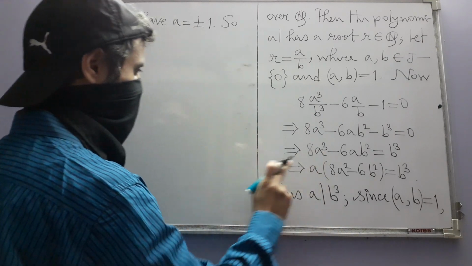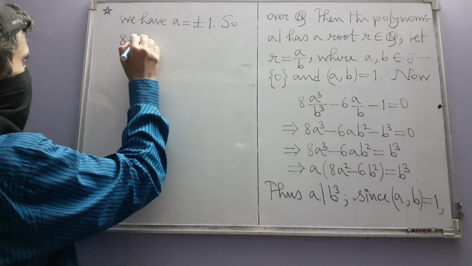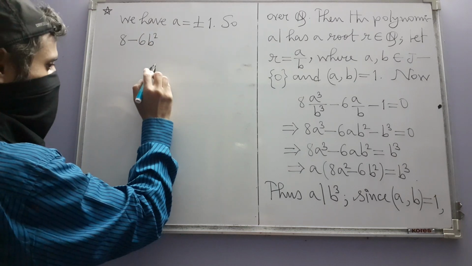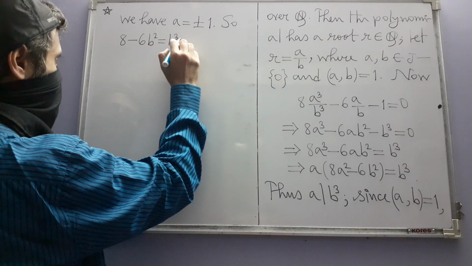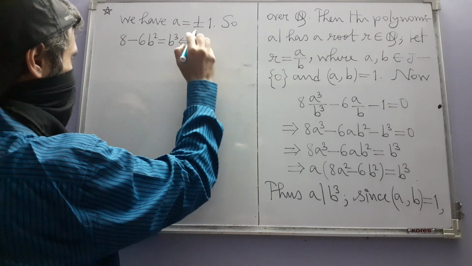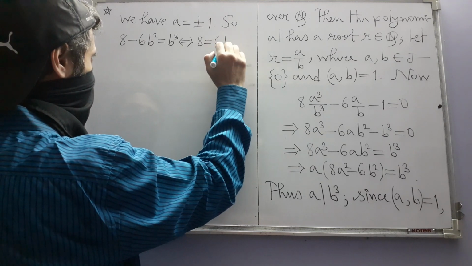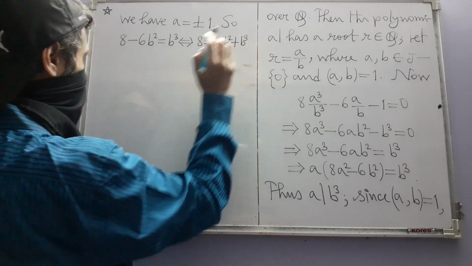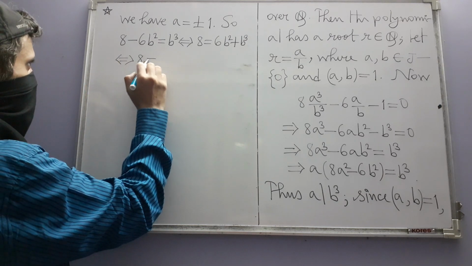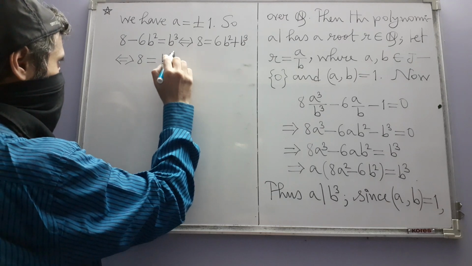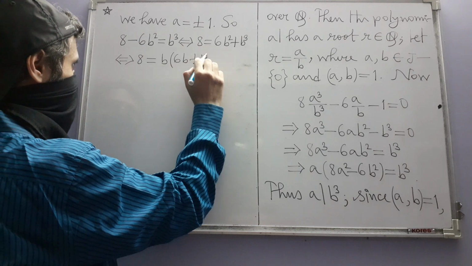Then what do we get? 8 minus 6b square equal to b cube, which is the same as 8 equal to 6b square plus b cube, which is the same as 8 equal to b times (6b plus b square).